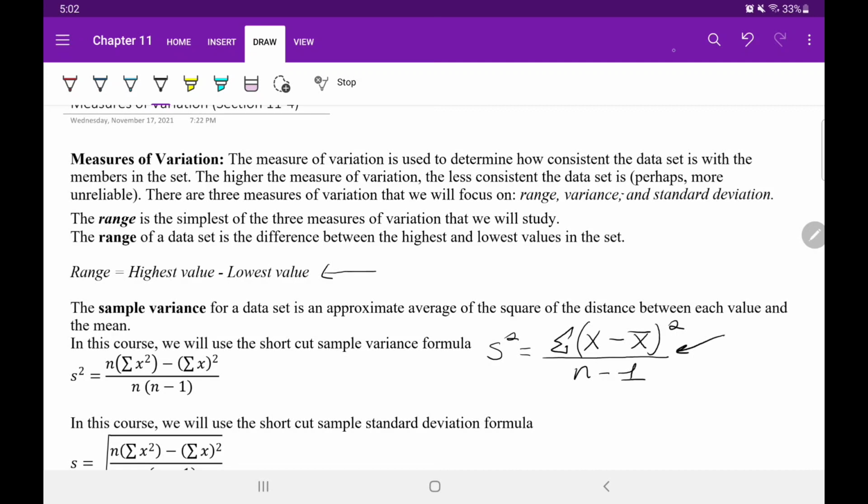In this course, we're going to be using the shortcut version, the shortcut sample variance formula. So the main thing is we have to find the sum of our data, and then to find the sum of the squares for our data, which we're going to see in a few minutes, and divide by n times n minus 1. N is the sample size, how many data values in my data set.